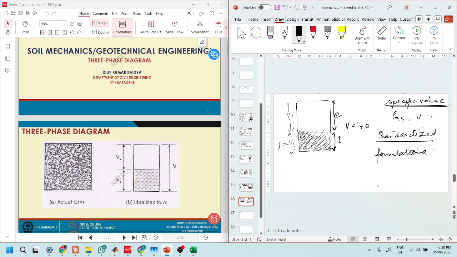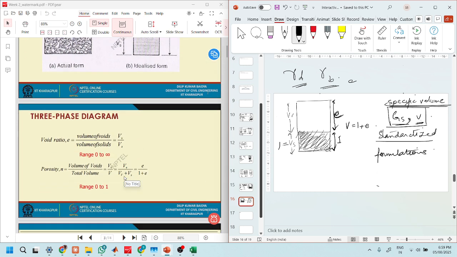If I tell you what e is, what gamma is, you will know about the soil. But saying it in an easily standardized way is good. We talk about gamma, Gs, we talk about v, or specific volume.